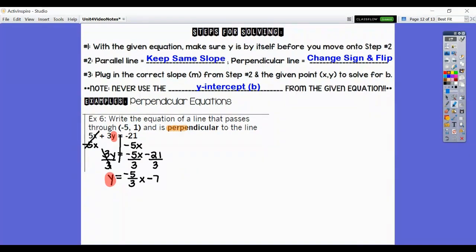Because in this question it's asking for a perpendicular line, I have to go ahead and change the sign and flip the fraction. So I'm going to take the slope of the original and make it perpendicular. To make this slope perpendicular, I have to change this negative 5 over 3 to a positive, change the sign, and flip it: 3 over 5.